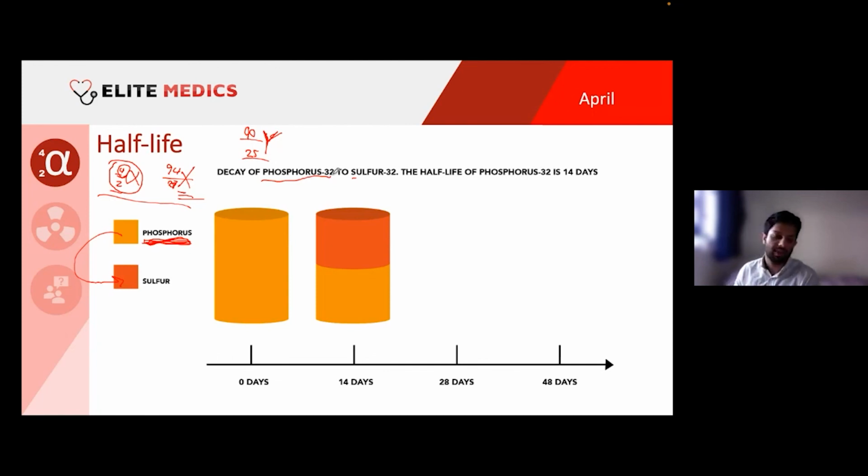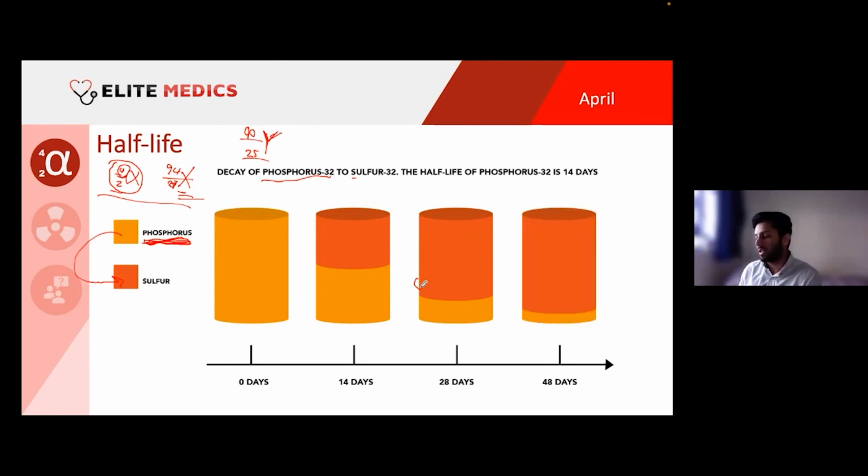Then we wait a little longer and the amount of sulfur 32 has grown even more. It's not grown by as much as it did in the first 14 days, but it's still increased. And then at 48 days, there's even less phosphorus 32 and even more sulfur 32.